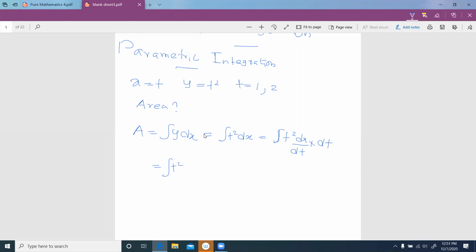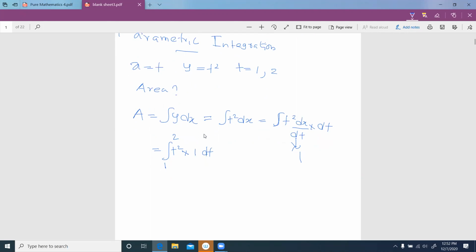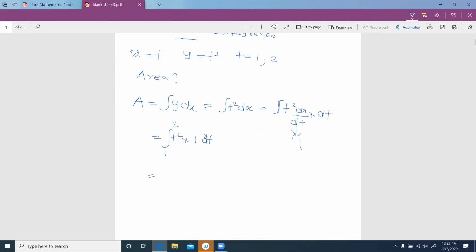Then we need to find what dx over dt is. We know that x is t, so dx over dt turns out to be 1. So it is integration of t squared times 1 dt. Then the t parametric value is 1 to 2, so your answer reduces to integration from 1 to 2 of t squared dt, that is t cubed over 3 from 1 to 2.